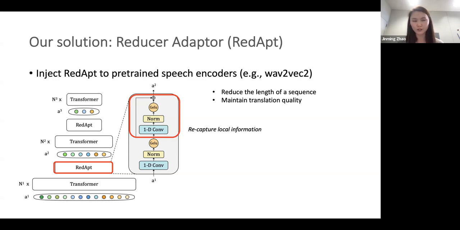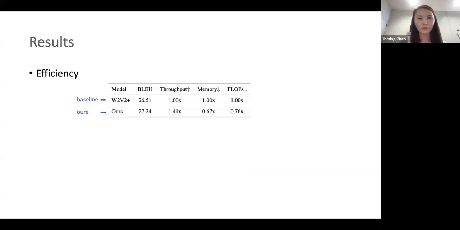So it requires restoration. Our experimental results on 8 language pairs from the MuST-C benchmark show that both the efficiency of wav2vec2 and the translation quality improve significantly. And here are the results.